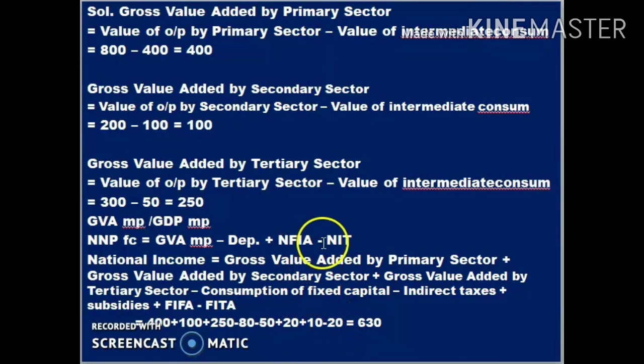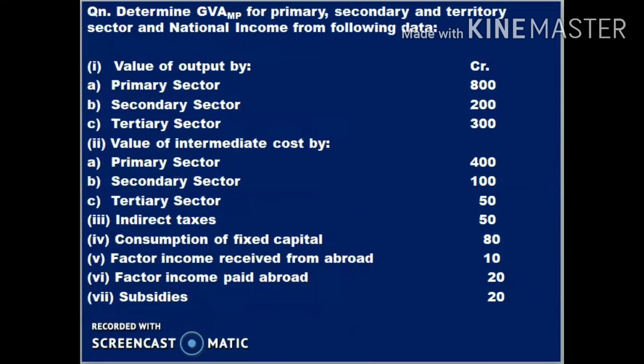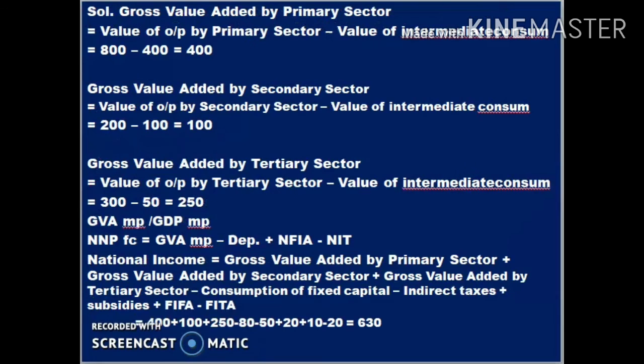Next you have to subtract NIT also. NIT is also given in the question. What all are given? It is not given directly. Indirect tax and subsidies are given. You have to subtract, that is minus 50, minus this 20.